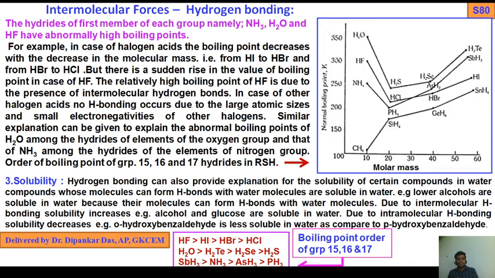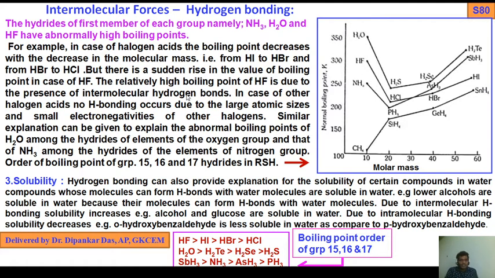Among the hydrides of the elements of groups 15, 16 and 17, on the right-hand side, you see carbon, then CH4, then SnH4. Nitrogen is higher, then phosphorus, then arsenic, then antimony, but nitrogen is lesser than antimony.